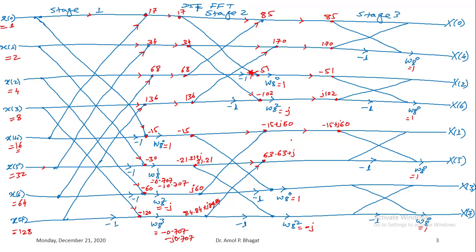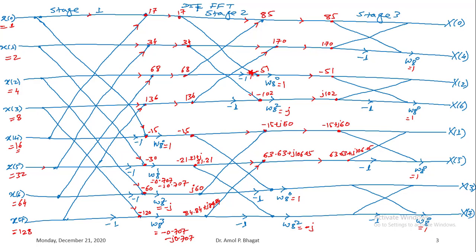Okay, so here we'll get 106.05, I think, yes, 106.05. Okay, so this will go here, that is 63.63 plus j 106.05, right? At this point.